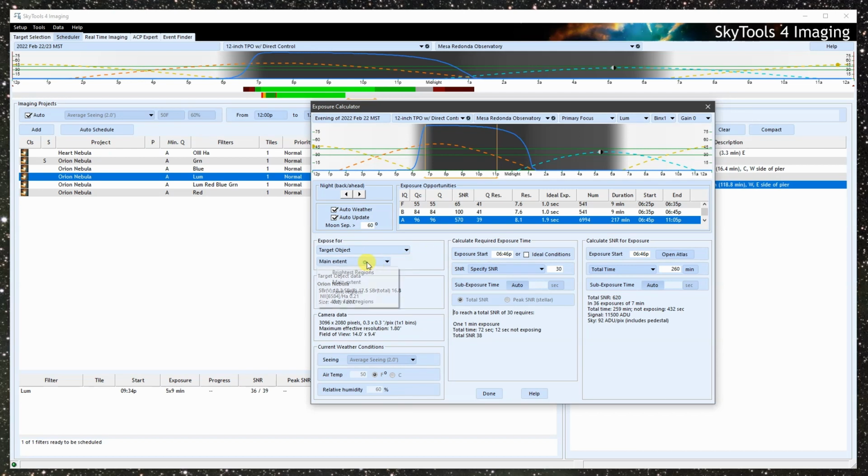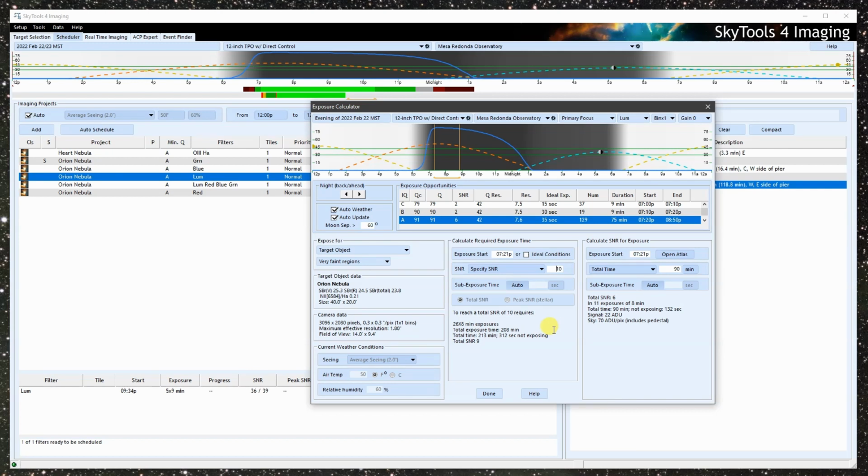Let's look at very faint regions. Now we got a much shorter period of time to observe, and it can't even reach an SNR of 30. Let's try an SNR of 10. Because now, if you think about it, think about your image of the Orion Nebula.